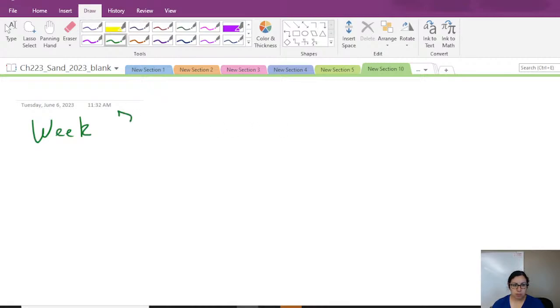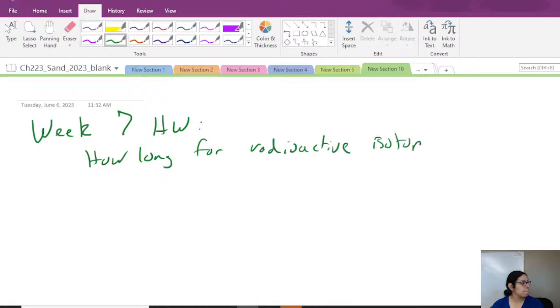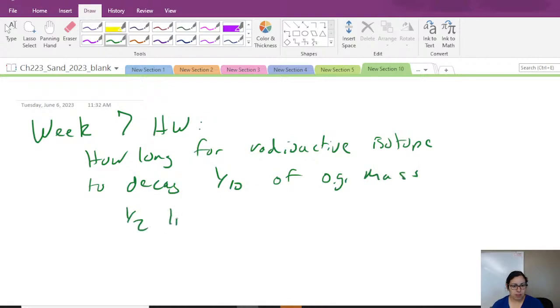So we're looking at the week 7 homework question: how long for a radioactive isotope to decay to 1/10 of original mass, and we're given a half-life of 3.75 minutes.